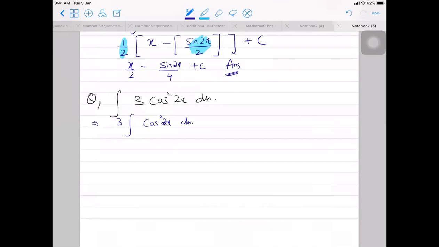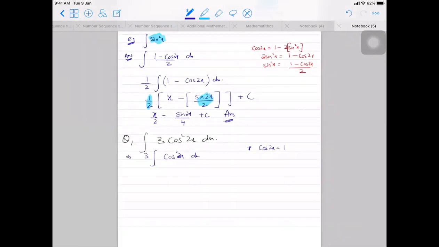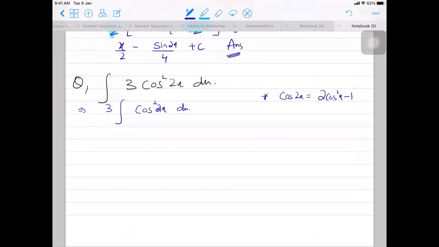Over here, I know that cos 2x is equal to 2 cos square x minus 1. Okay, that is the double angle identity.